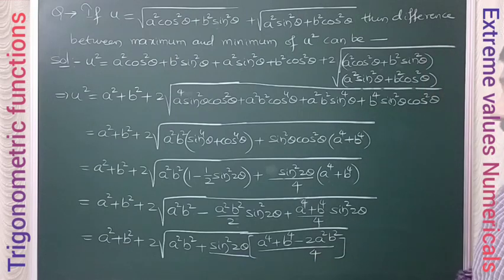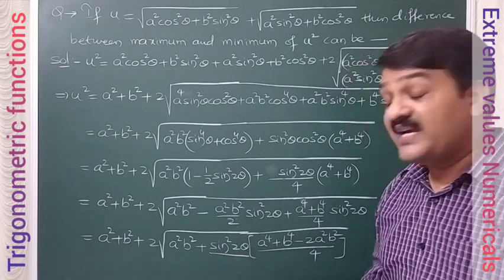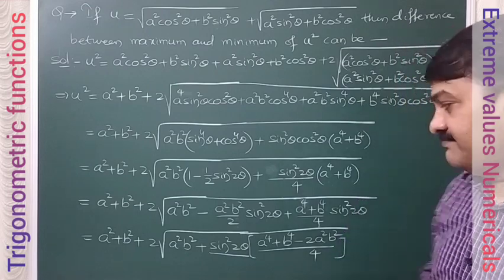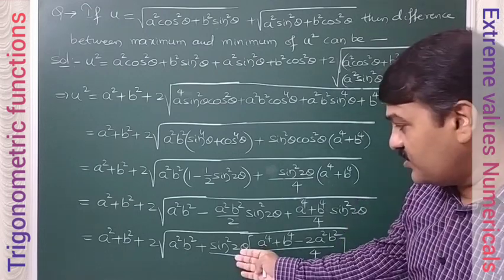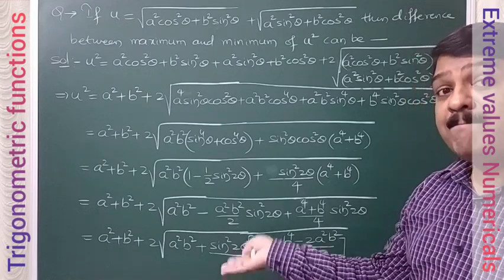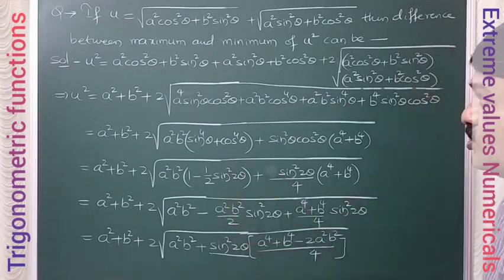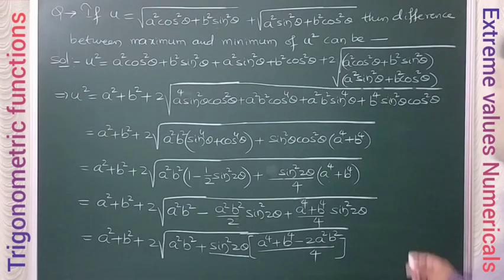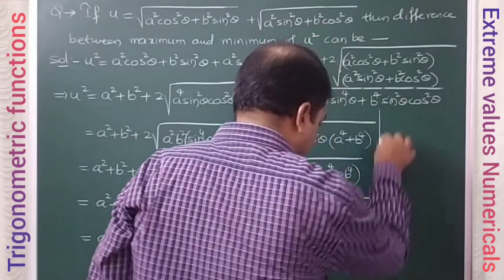Maximum will be obtained when sin square 2 theta is taken as 1. So when this is 0 you get the least value, when this is 1 you get the maximum value. The difference between maximum and minimum is the question. So okay, I will try to write here now.